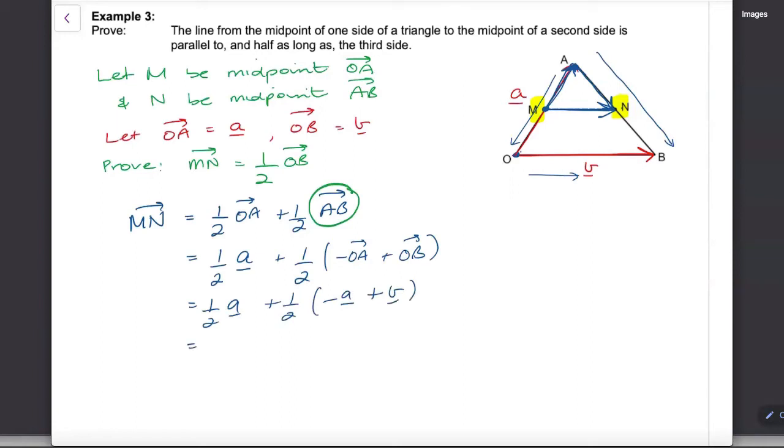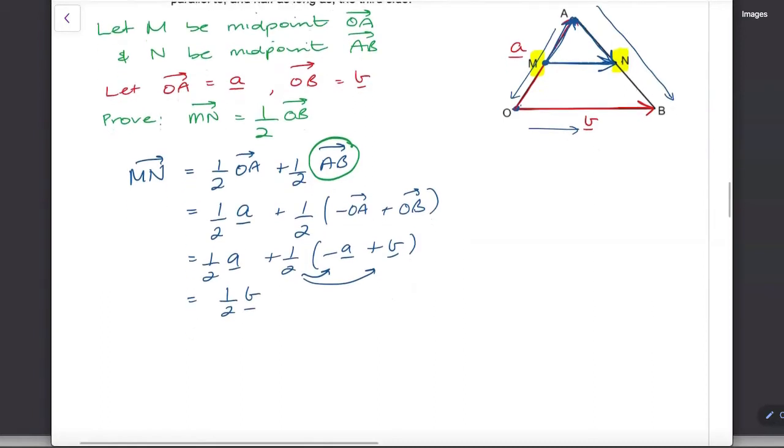So if we expand this bracket with the half and we simplify, we've got a half a take away a half a, plus a half b, so we're left with a half b. What we notice here, because b is represented by OB, is that we have just defined MN as equaling a half of OB. And that's exactly what we wanted to prove originally, and that's exactly what we have proven.